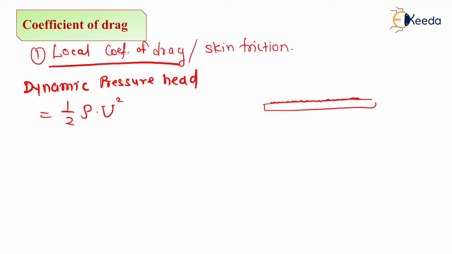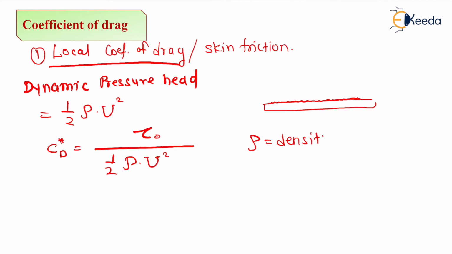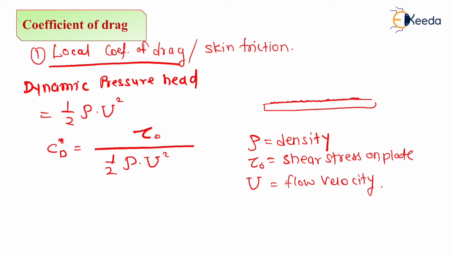So the local coefficient of drag is denoted by the symbol CD star, which is equal to the shear stress tau naught upon the dynamic pressure head, that is 1/2 rho u square, where rho is the density, tau naught is the shear stress on the plate, and u is the flow velocity, at the boundary layer or outside the boundary layer.